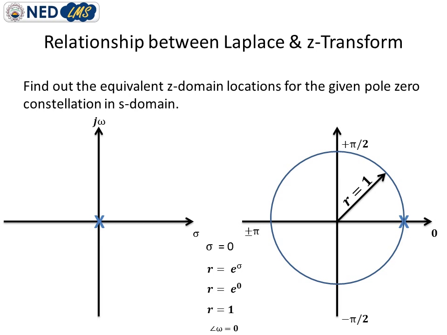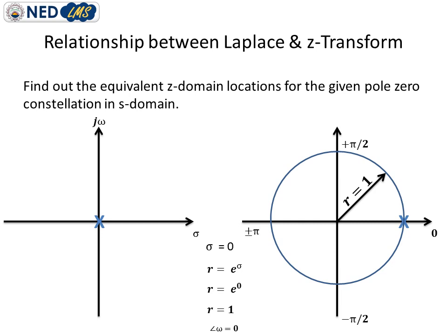And once the transfer function is obtained, I can easily design my infinite impulse response system. So that's why I said earlier that to design an infinite impulse response system we need to learn Z transform, because with the help of Z transform we end up with the pole zero constellation.